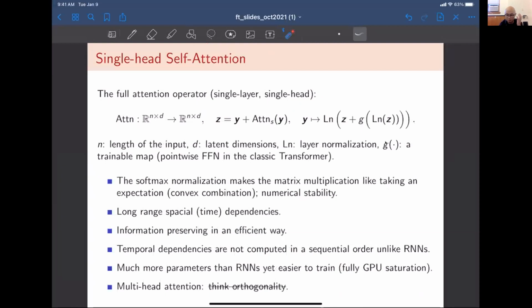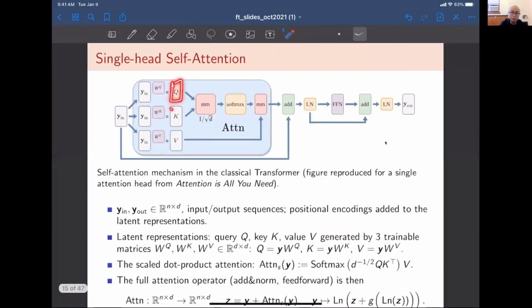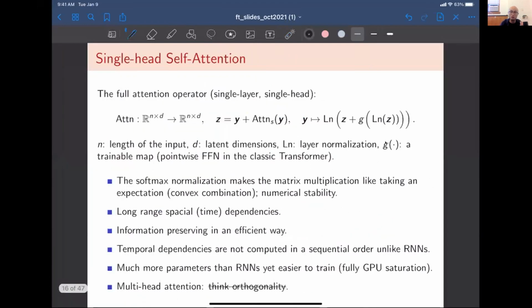So the softmax basically tames down. Keep in mind, we have 2 trainable matrices multiplied together. In a traditional neural network, layer-wise, normally we have only 1 trainable weight; the other is the output from the previous layer. But right now, this matrix product is very explosive in terms of gradient.